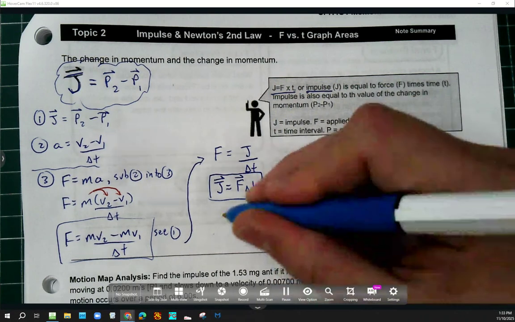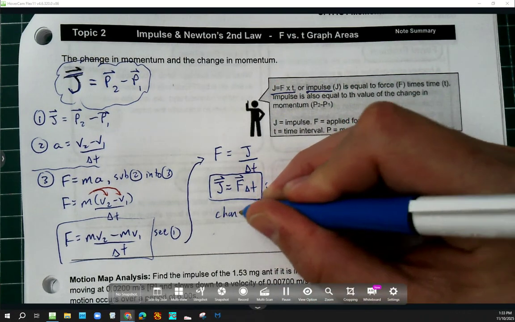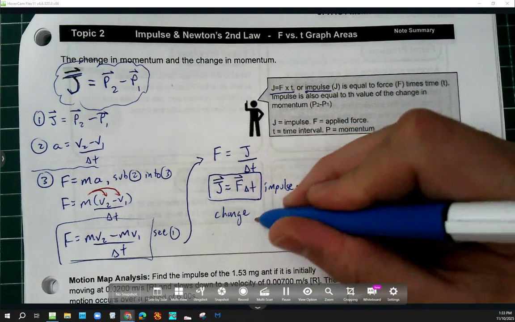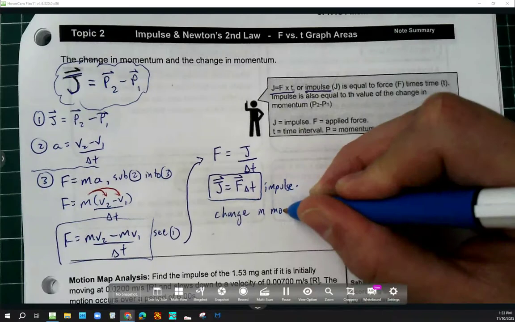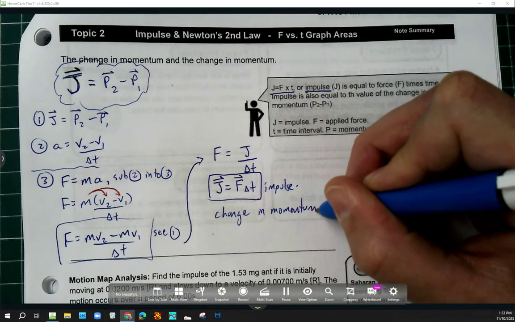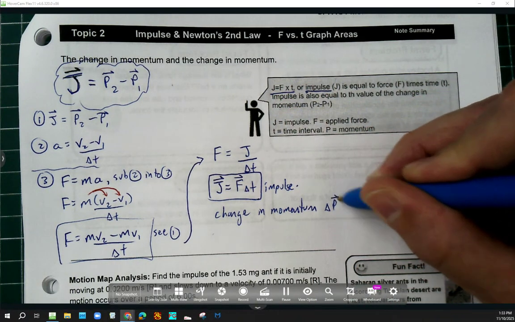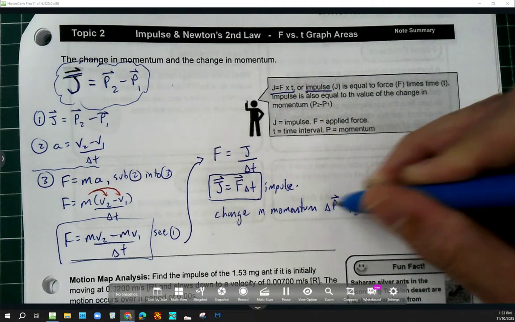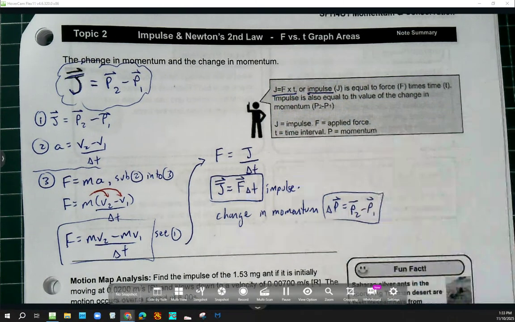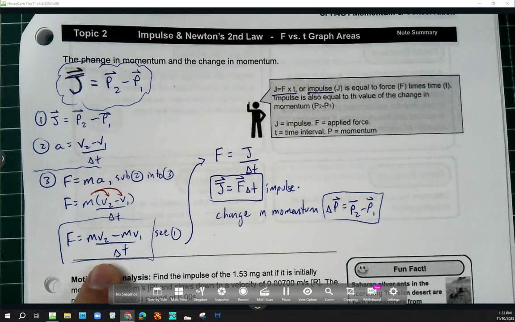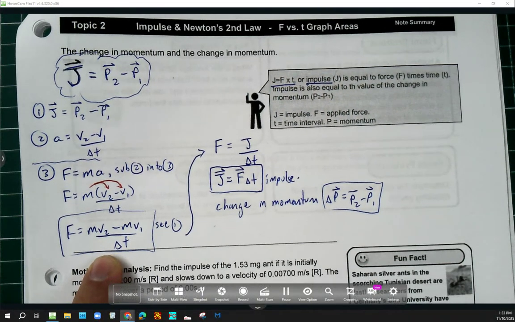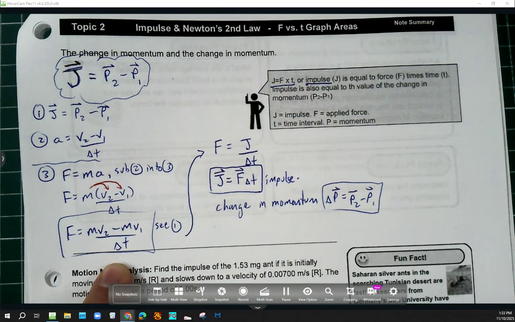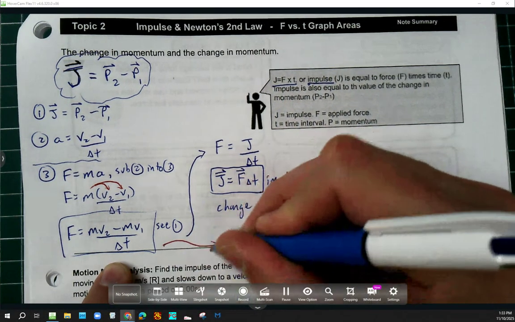I'll put a box around it, and I'll say this is our formula for impulse. And I want to say that equivalently, but not the same thing, change in momentum, or delta P, is equal to P2 minus P1. Now, just as a sidebar, what I got over here is rate of change of momentum, really change of momentum divided by change in time, being equal to force.